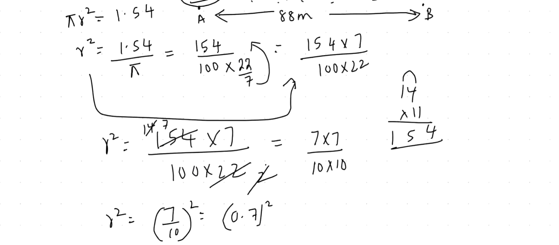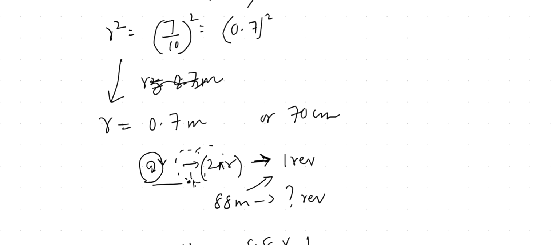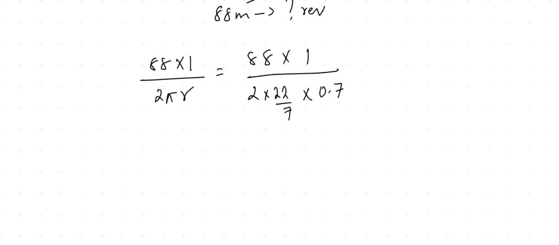So I'll just keep the radius as 0.7 meters itself. It's easy for me when they're the same units, right? Why do I have to convert to centimeters? Unless mentioned, no need. So we leave it in the SI units itself. 0.7 ones are 0.7. 0.7 into 10, right? 7. So that will be 88 into 1 by 2 into 22 by 10. Of course, the 10 will go up.